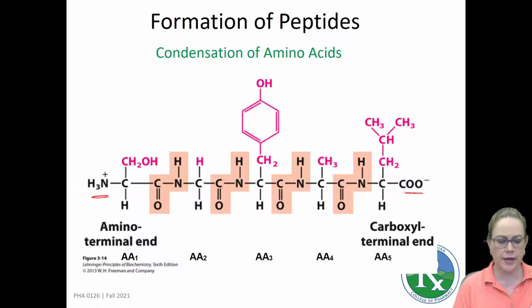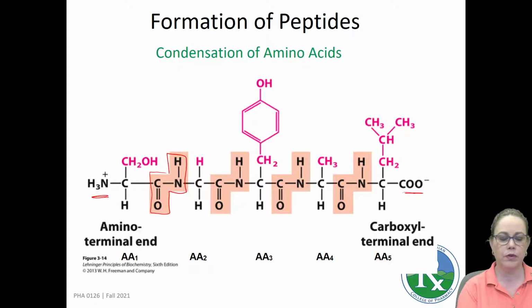We mentioned that with our peptides, we're linking these through a condensation reaction between the carboxylate group on one amino acid and the amino group on the next. I'm circling here one of those peptide bonds. Peptide bonds are amide bonds.